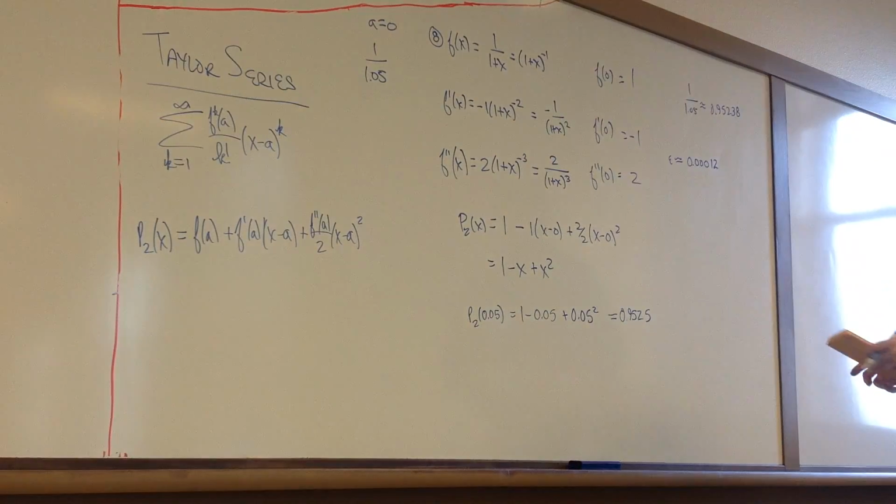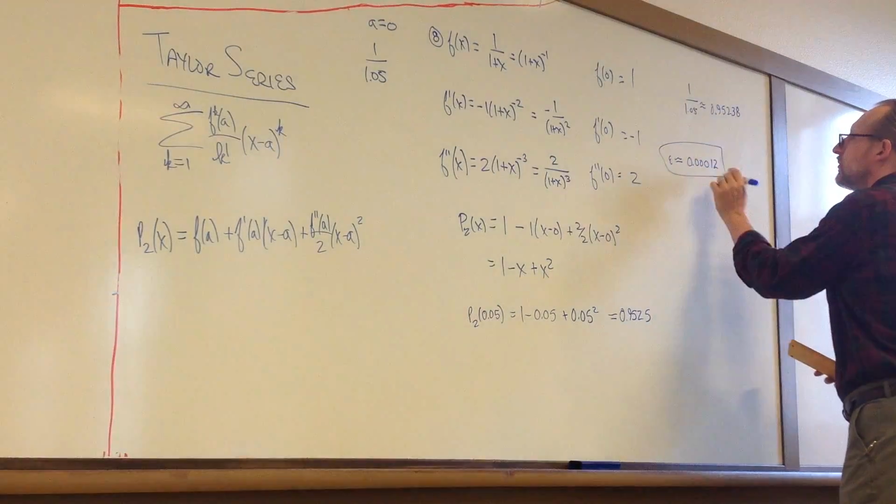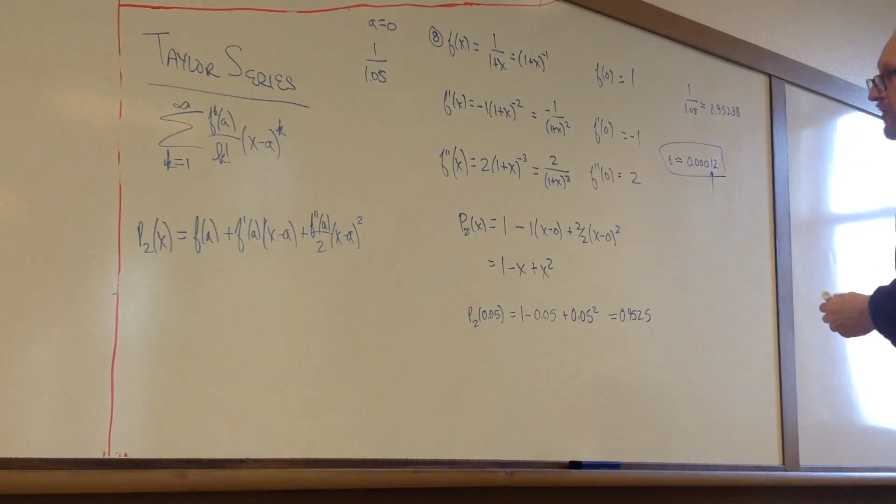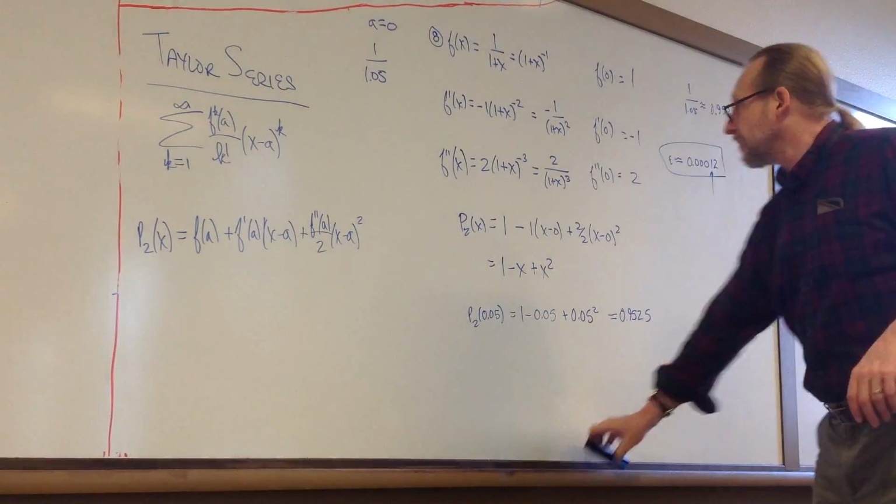So there it is. We're good up to the 10,000th place, which is a pretty good approximation, but it always depends on what you're using it for. All right, so that's problem 8.